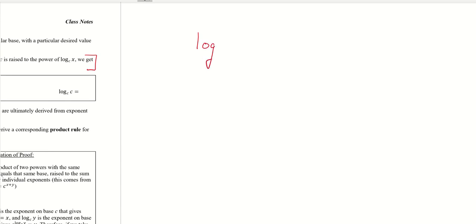So before I read this sentence as well, let's take a look at a term like log base c of x, and we could say that this is equal to some value that we don't know, so let's just name it y. What we can do here is rewrite this equation from logarithmic form to exponential form.